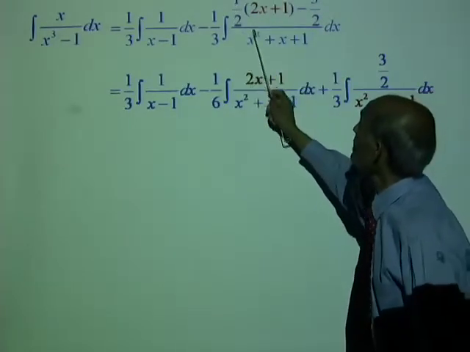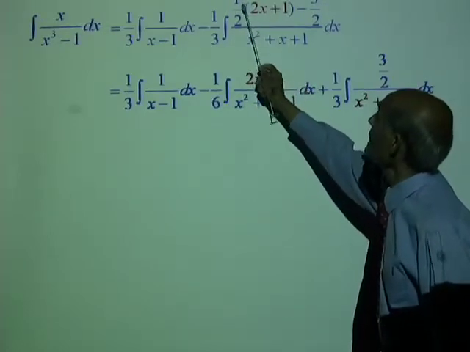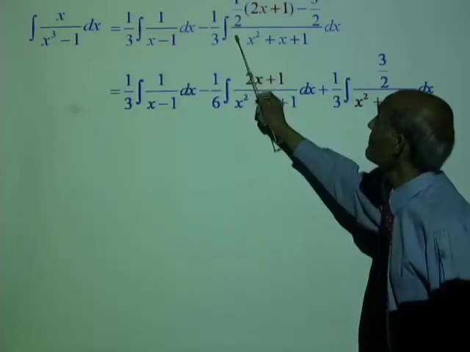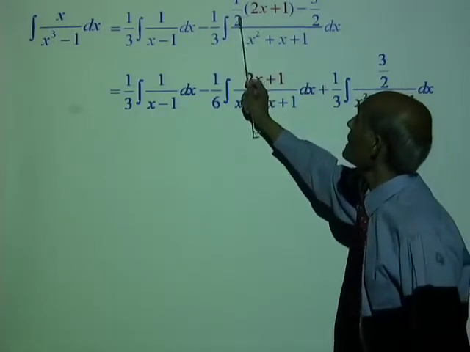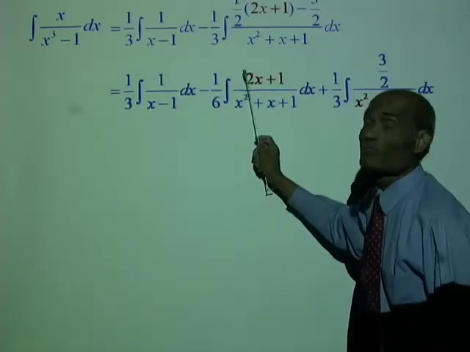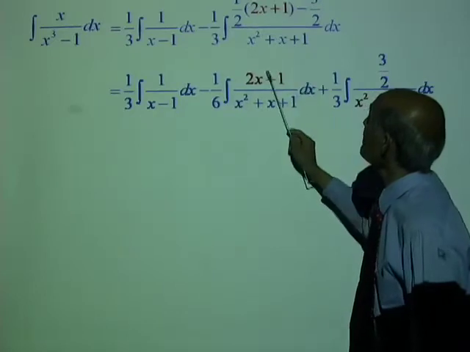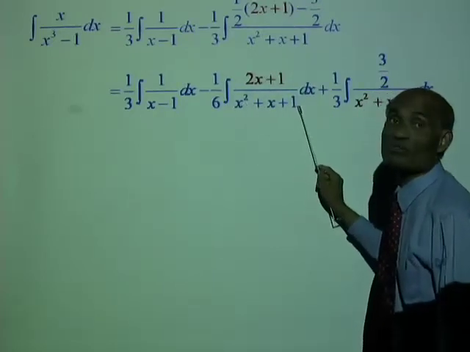So the first integral will have that as the numerator. And when you take that as the numerator, 1/2 comes out, gives you a negative 1/6. So that will be negative 1/6 integral 2x plus 1 over x squared plus x plus 1.